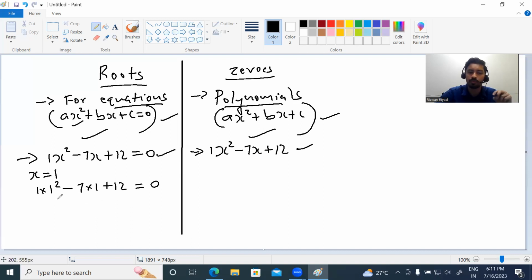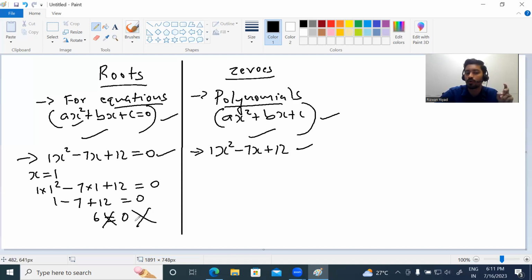Then 1 into 1 square becomes 1 only. So 1 minus 7 into 1 is 7, plus 12 equal to 0. 1 minus 7 is minus 6. Minus 6 plus 12 is 6. So 6 equal to 0. This is wrong. 6 is 6, 0 is 0. They are not equal.